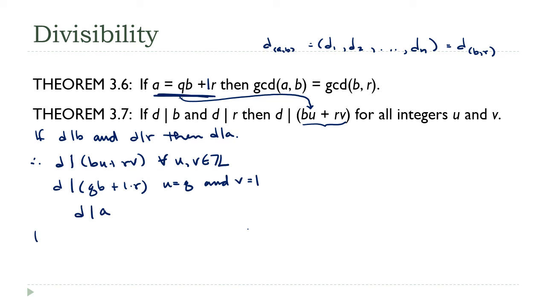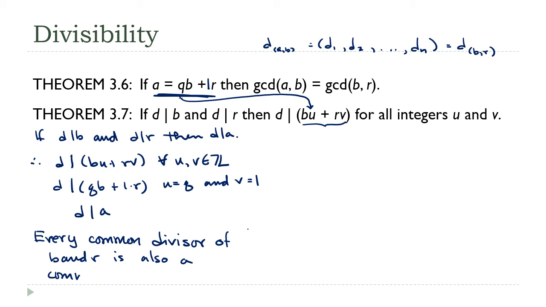We showed that every common divisor of B and R is also a common divisor of B and A. Okay, let's hold on to that. Set that aside for a minute.